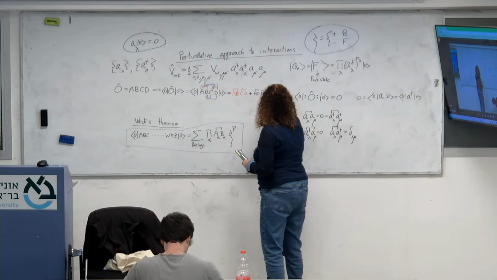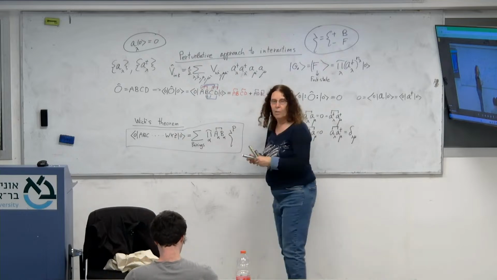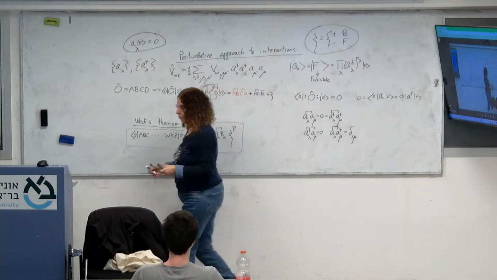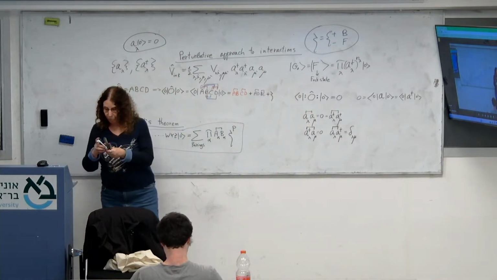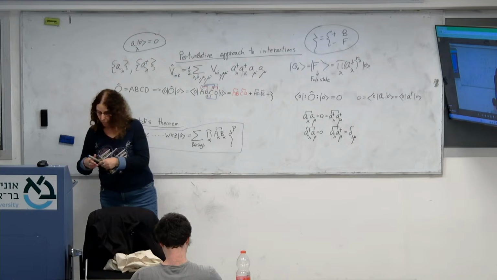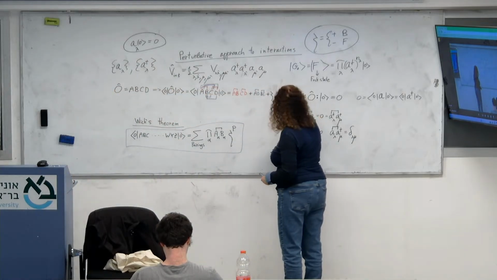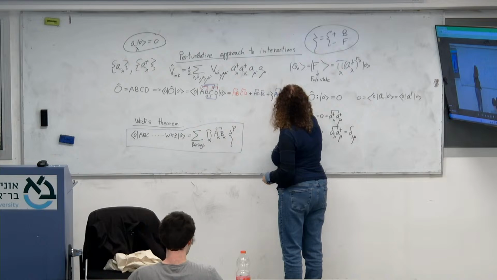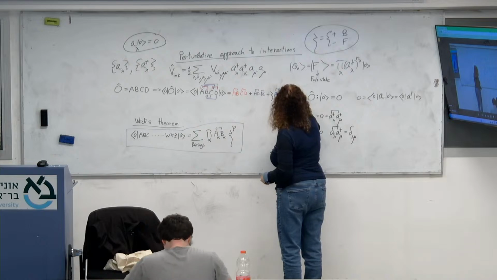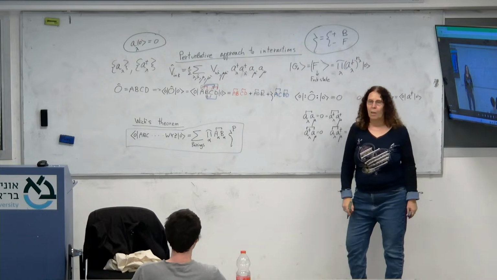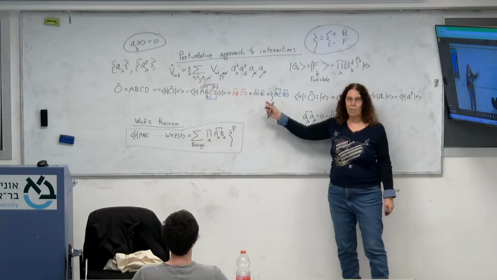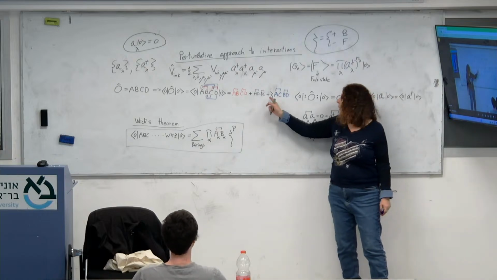But now there is a zeta, and that's the blue option: to contract A with C and B with D. If they are fermions, this contribution will have a negative sign.